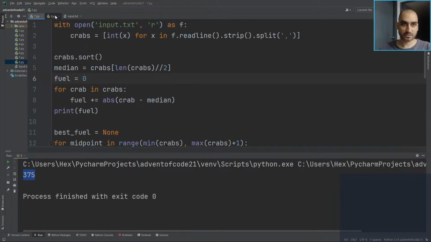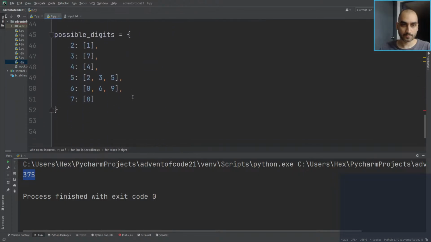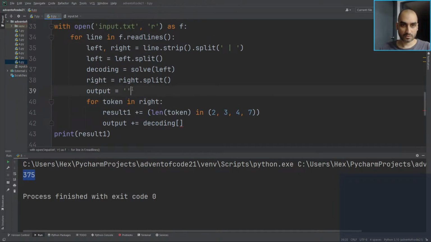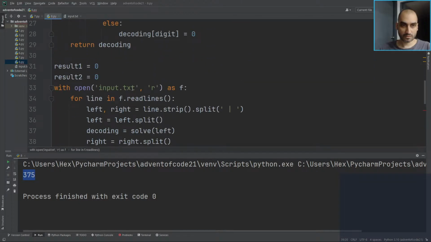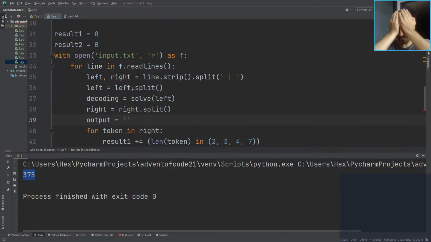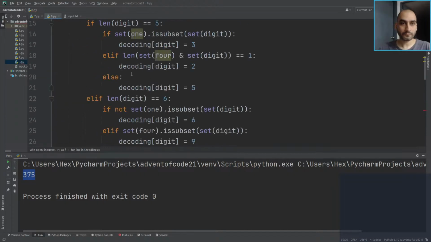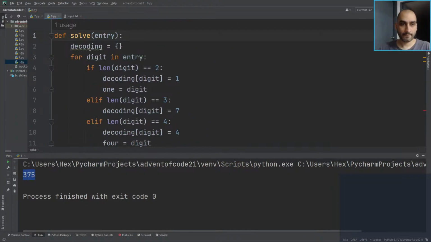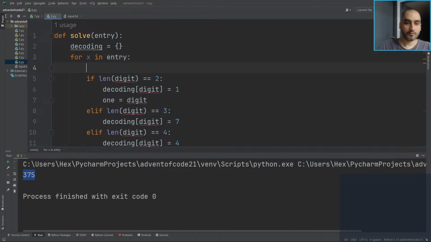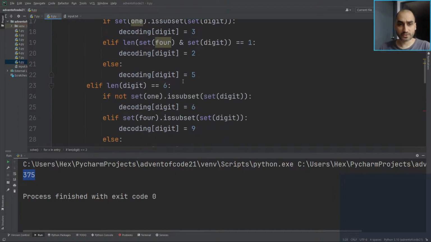That means when we do the decoding, we have to take the sorted X. So now the decoding should be sorted.